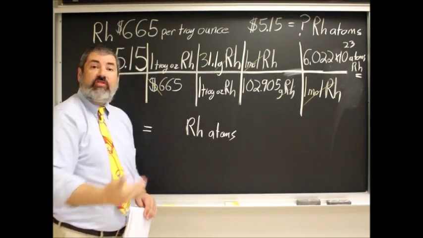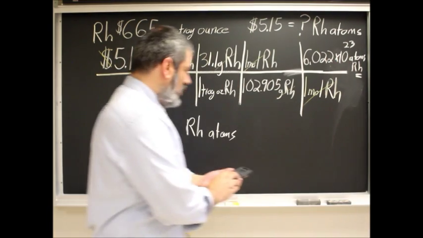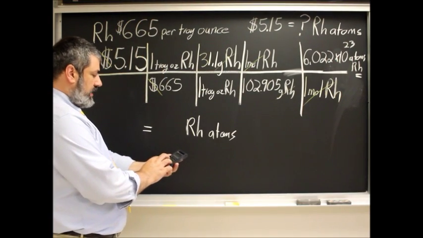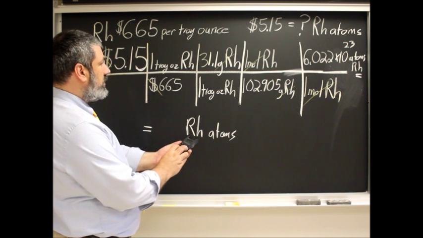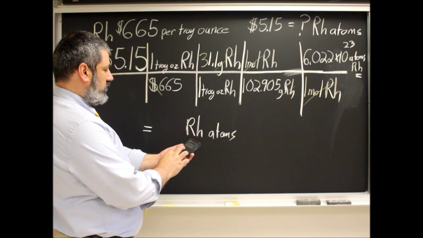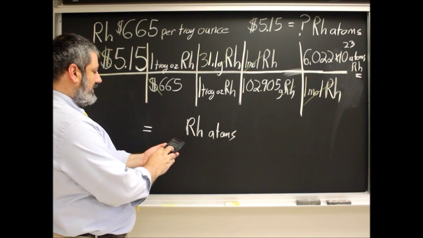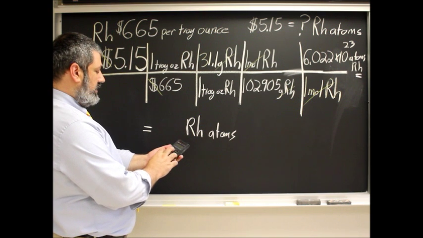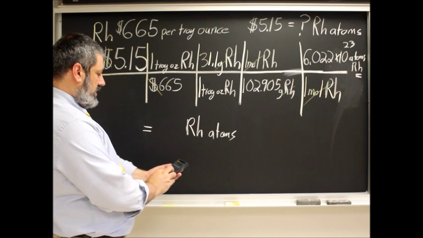Now we have atoms of rhodium. This is the unit of measure that we wanted in the first place. So you pick up your calculator: 5.15 times 31.1 times 6.022 times 10 to the 23rd, divided by 665, divided by 102.905.